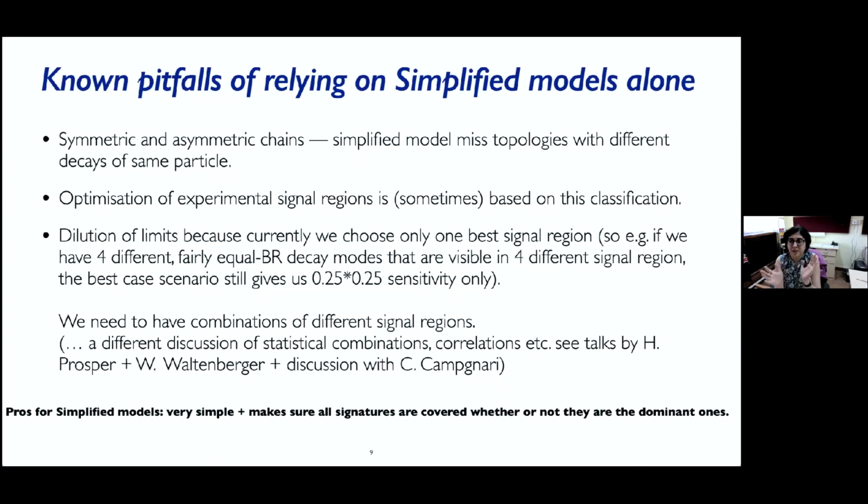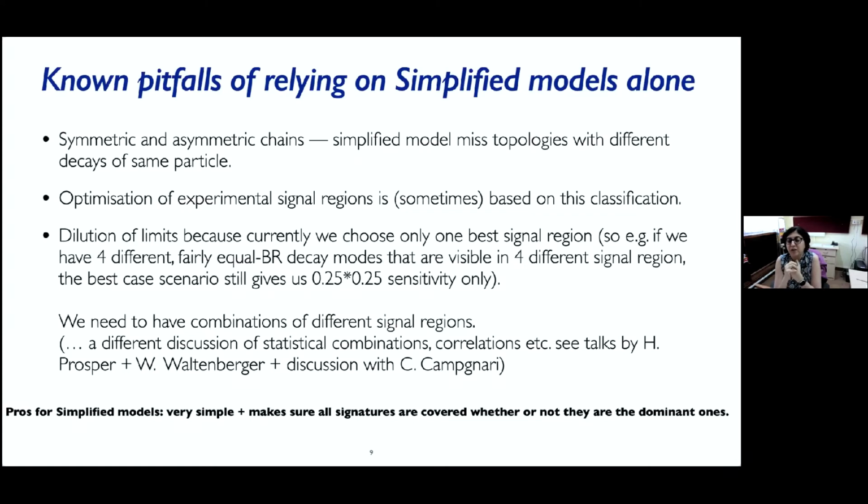If you have an asymmetric decay case, where one of the particles decays in one way and another decays in another way, then simplified models will miss this topology, because they always only assume one branching fraction at a time. So that's an obvious drawback, and codes that rely on interpretations using simplified models then generate these missing mixed topologies to fill their parameter space.